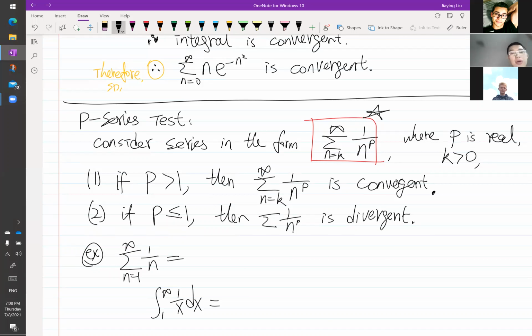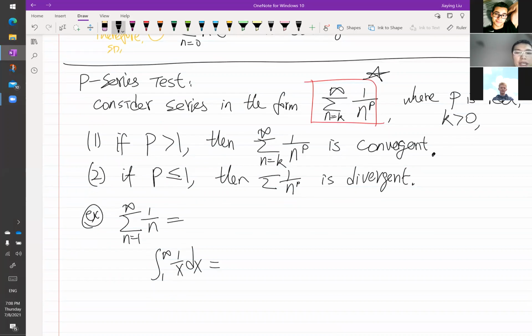I remember now, we did this improper integral before. We found out that this integral is divergent, and if you use the integral test, we can see the series is also divergent. Therefore, the series n equals 1 to infinity, 1 over n is divergent, based on what we have done before.